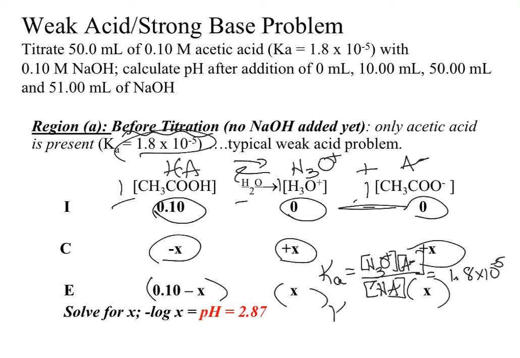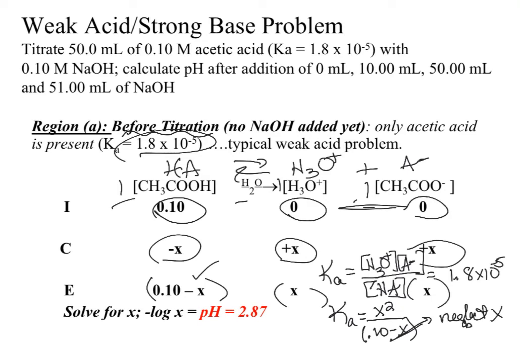And so if you plug in the concentrations at equilibrium, what do you get? Well, H3O+ and A minus are both x. And on the bottom, the equilibrium concentration of the original weak acid is 0.10 minus x. Go ahead and neglect x. On all of my exams, you're going to be able to neglect x. But in showing your work, you have got to actually say that you do and why.